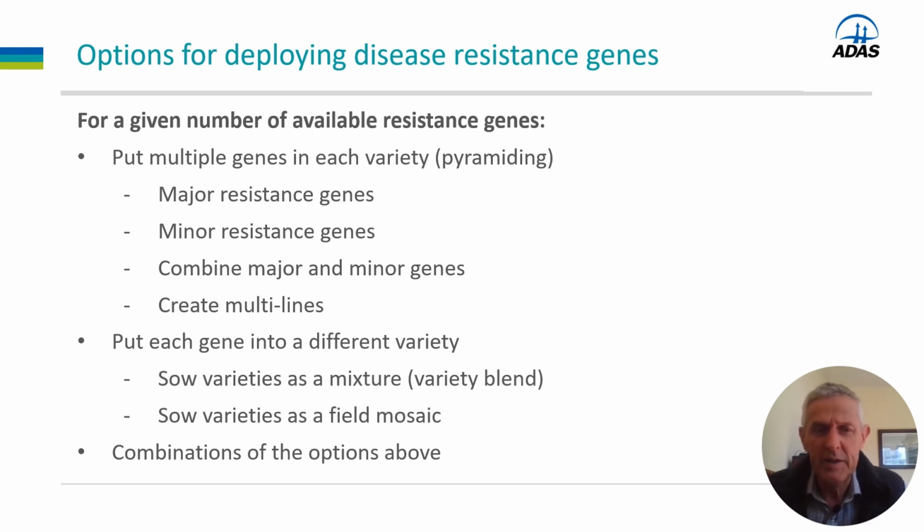The other option is to put each gene into a different variety, and we could sow those varieties as a mixture or variety blend within a field, or we could sow varieties in different fields, as we commonly do, creating a mosaic of fields with different resistance genes in them. But typically we use all sorts of combinations of the options above, and we'll take a look at the consequences of that.